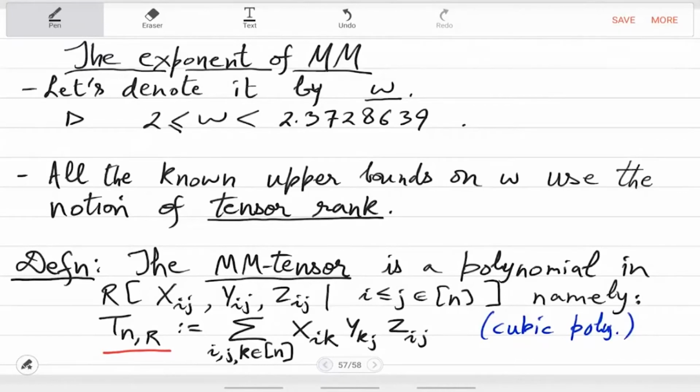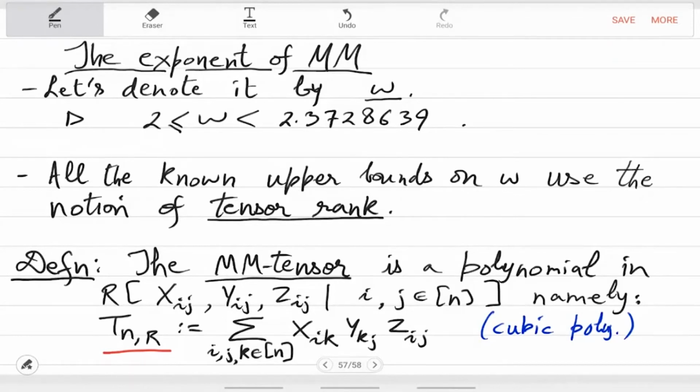We don't want it to be ordered, and also we need an extra condition for k to be in between i and j? No, that is not the case in matrix multiplication. k varies from 1 to n.